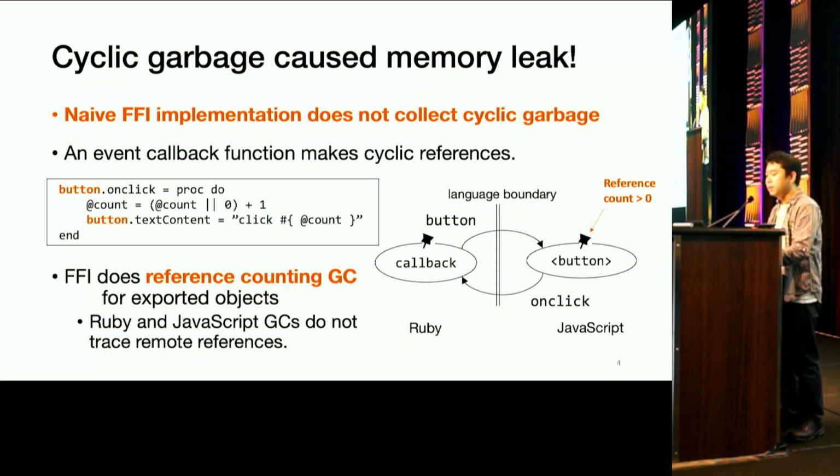However, this program makes cyclic garbage, and it causes a memory leak, because a naive FFI implementation does not collect cyclic garbage. An event callback function attached to the button HTML element makes cyclic garbage. This program has a callback function attached to a button element.